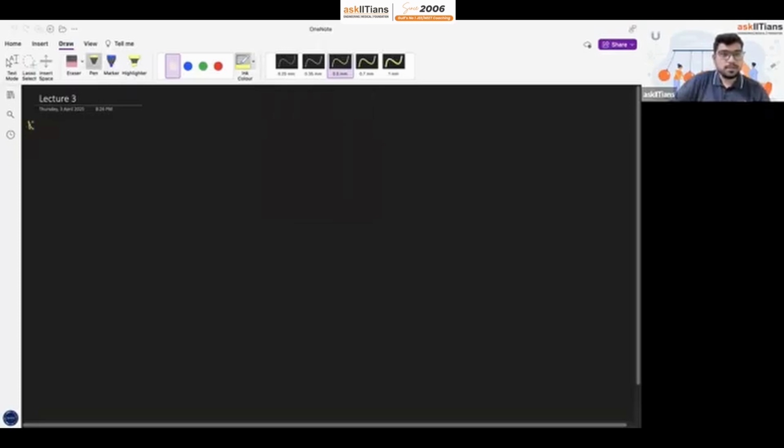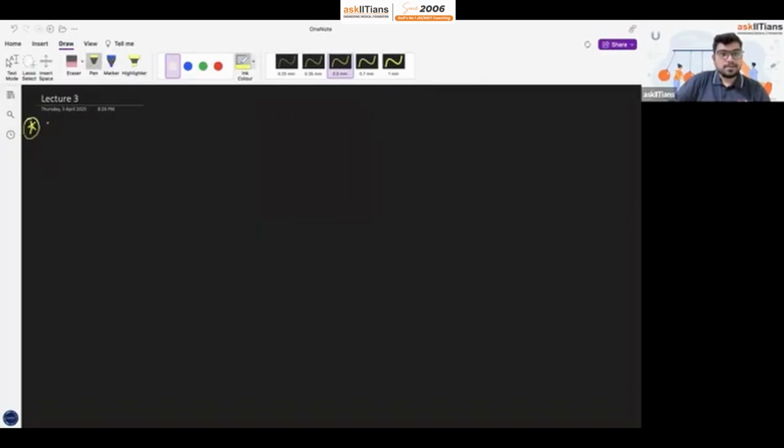Vertical circular motion. First of all, we need to understand what are the constraints given on the mass for vertical circular motion.